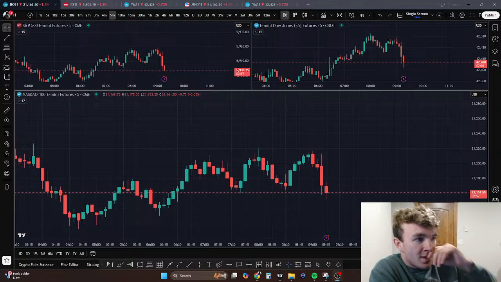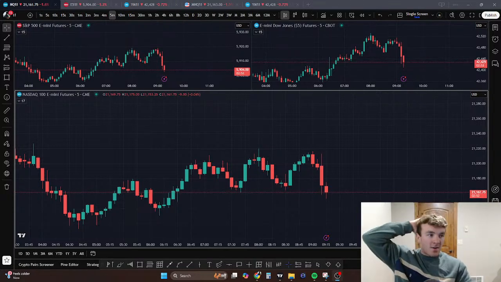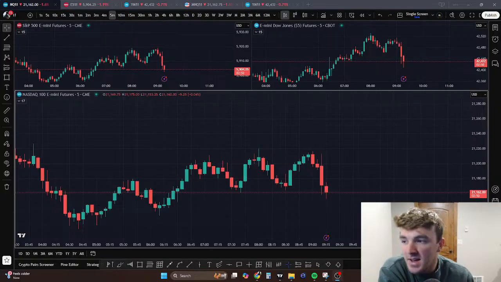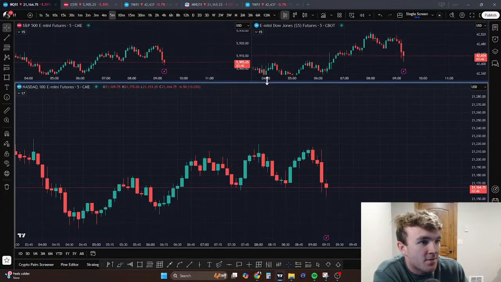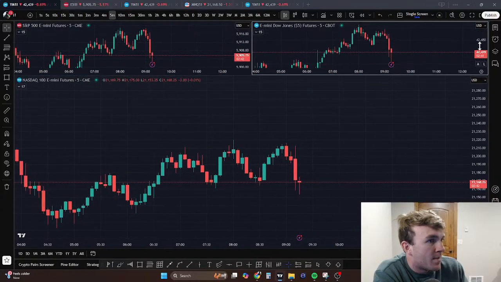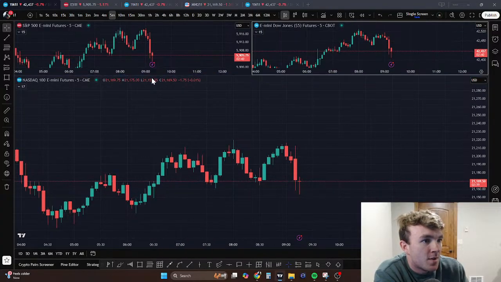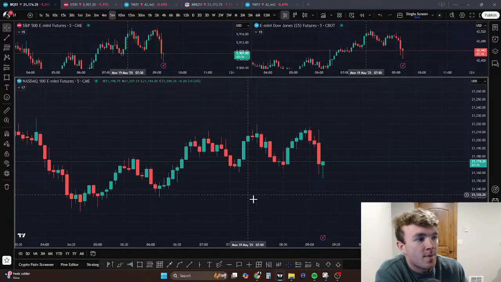You may have noticed that I have this chart looking a little different now. I really like this because it was always such a pain to have to look for SMTs all the time and have to switch between charts. But now I can move this, and you can see it moves all of them at once.